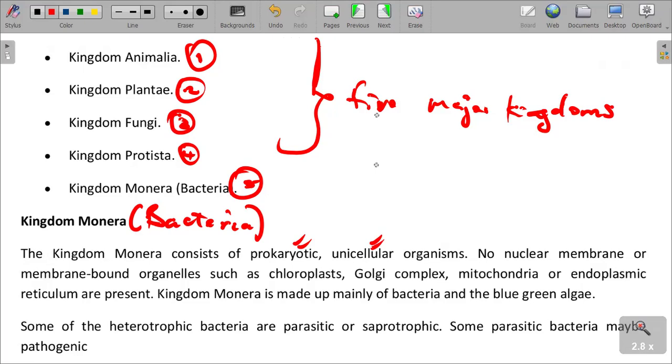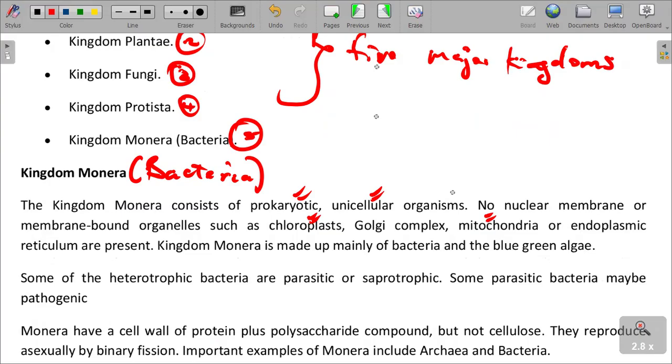So there is no nuclear membrane or membrane-bound organelles, such as chloroplasts, the Golgi complex, the mitochondria, or endoplasmic reticulum present in the bacteria. They don't have the endoplasmic reticulum.